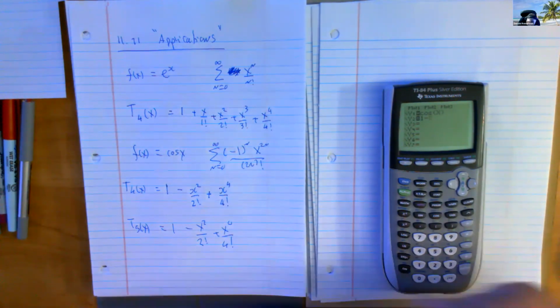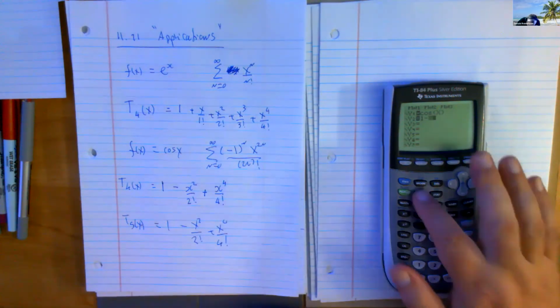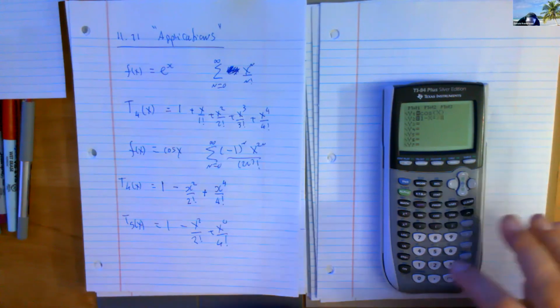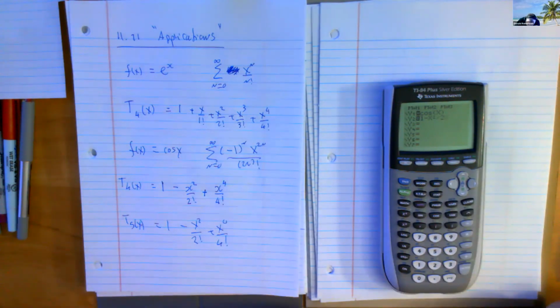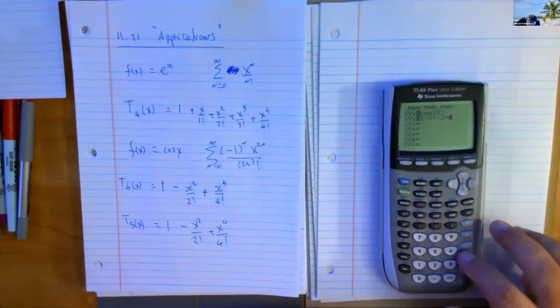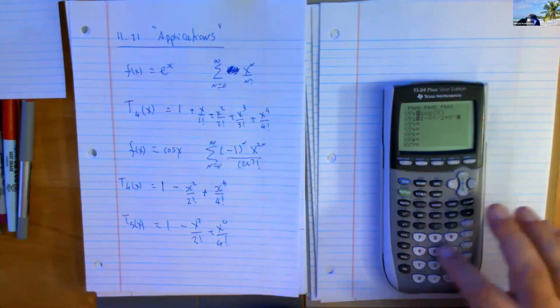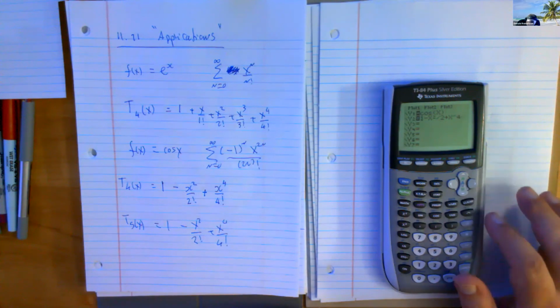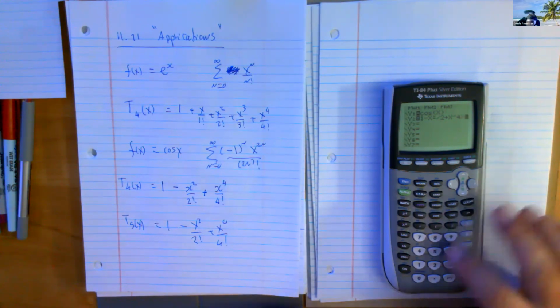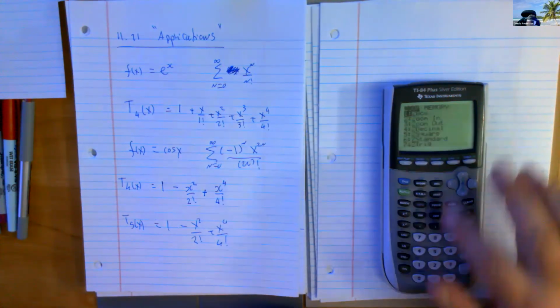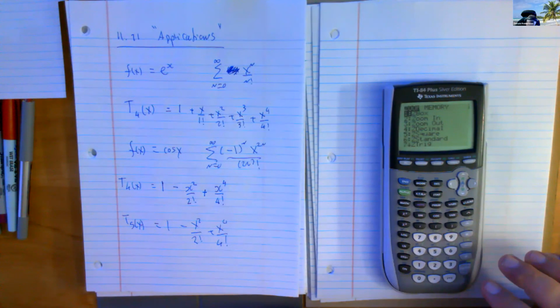It ain't that hard to type in x squared, but evidently my brain is not allowing me to do it. So, there, we gotcha, I hope. And then it's x to the 4. I'm trying to divide by 24. And that should simply just work. Yay, it does.